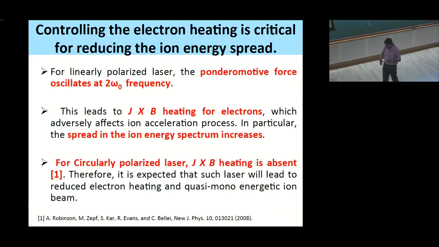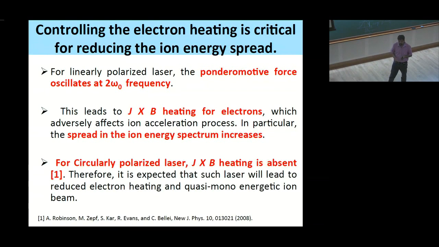Since the electrons and ions move together, controlling the electron heating is crucial for minimizing the energy spread. If the electrons are heated, they run away and the ions follow them, and the spread in electron energy leads to a spread in ion energy. So how do you manage the electron heating?